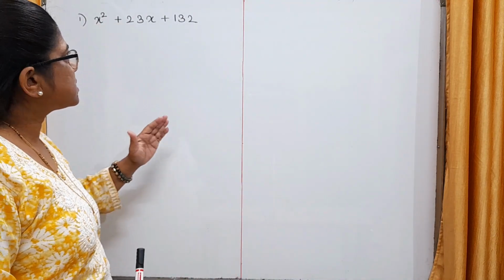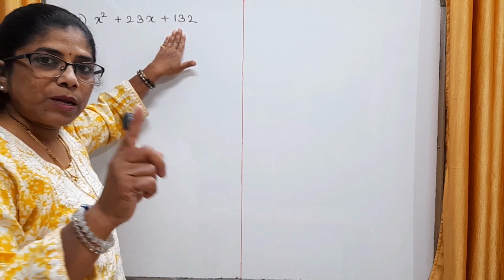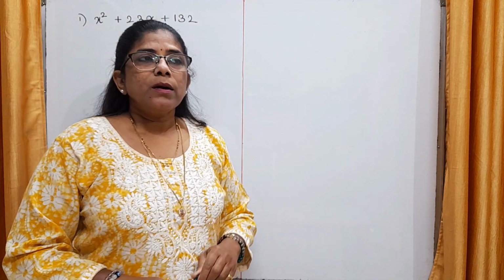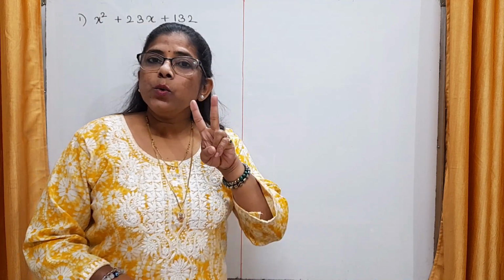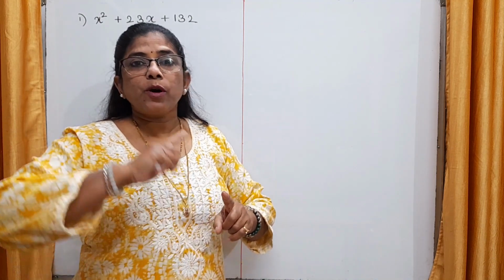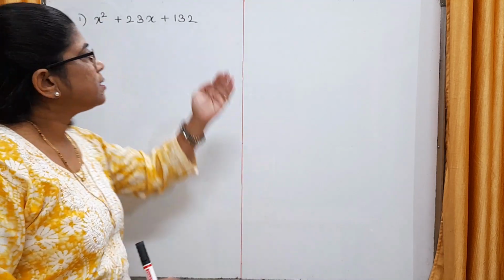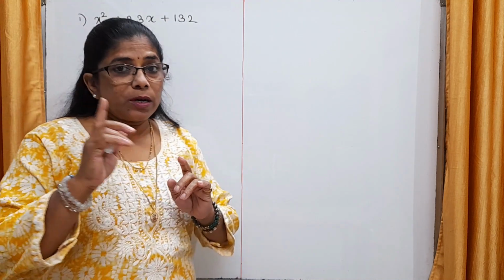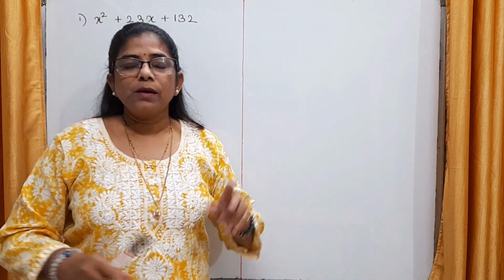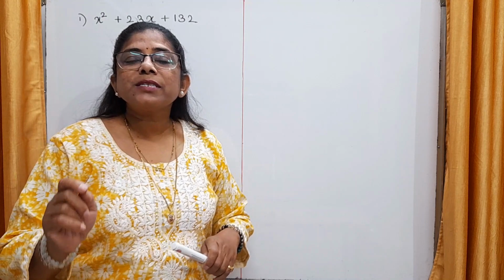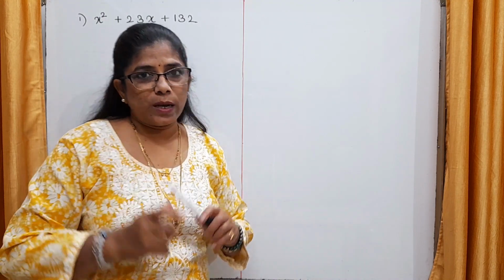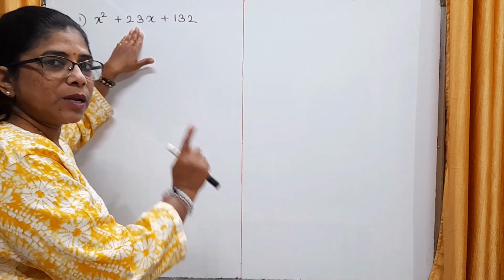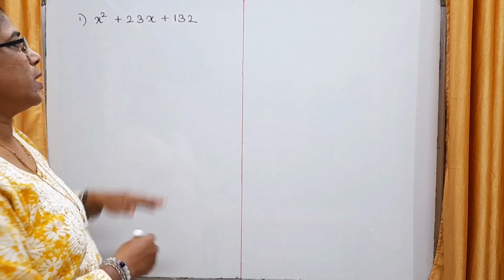So here in this case, the last term is plus 132 and the middle term is plus 23. So we have to find two numbers such that their product is 132 and their sum is 23. You have to think a while, product is 132, sum is 23. So in this case, the numbers are 11 and 12. So as it is plus 23, the numbers are plus 11 and plus 12.